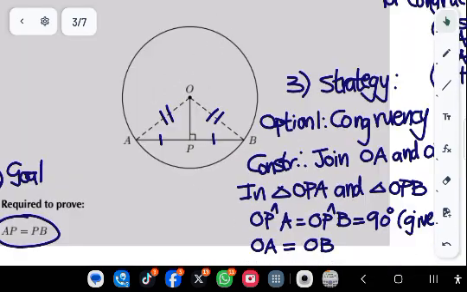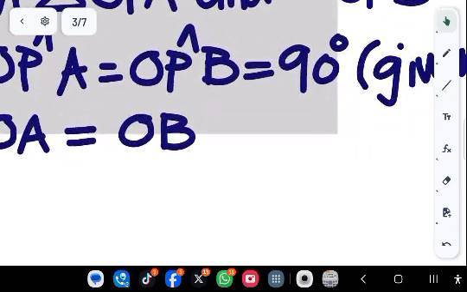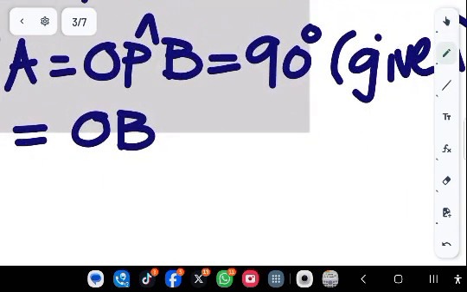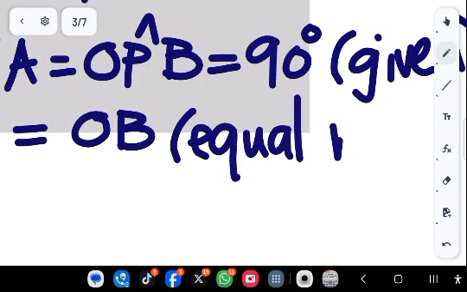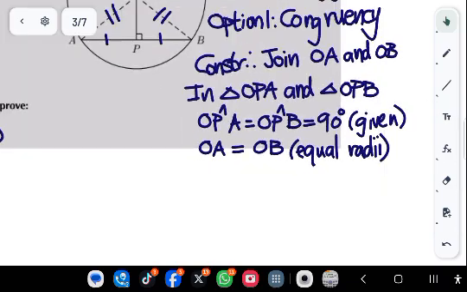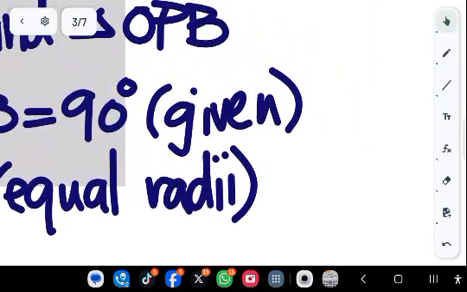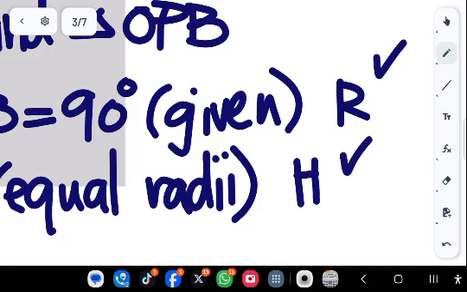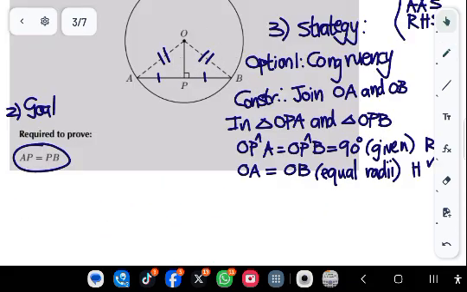The radius of a circle is exactly the same size anywhere you draw it. So what is the reason? The reason here is simple: equal radii. So we've got the right angle sorted, the hypotenuse sorted. This is the hypotenuse.